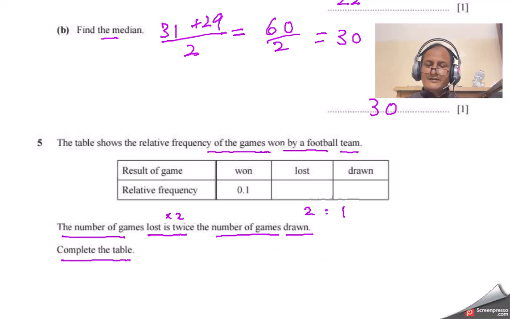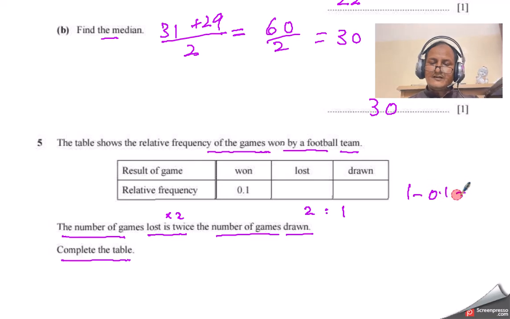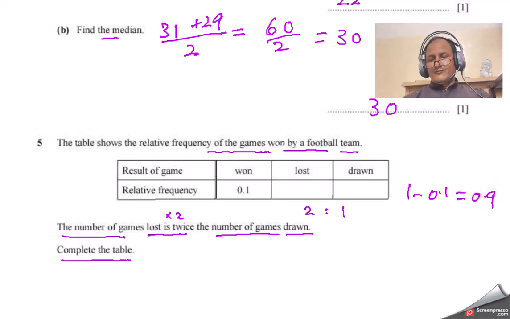In the table completion, basically we're supposed to subtract 0.1 from 1, which gives us 0.9. And 0.9 means we're supposed to find the value of the lost and then the drawn.